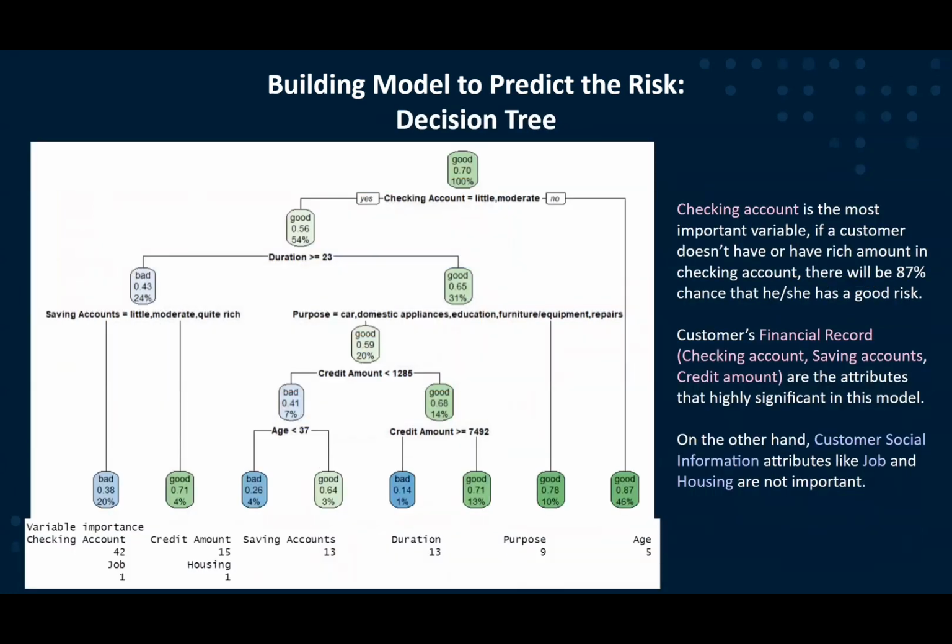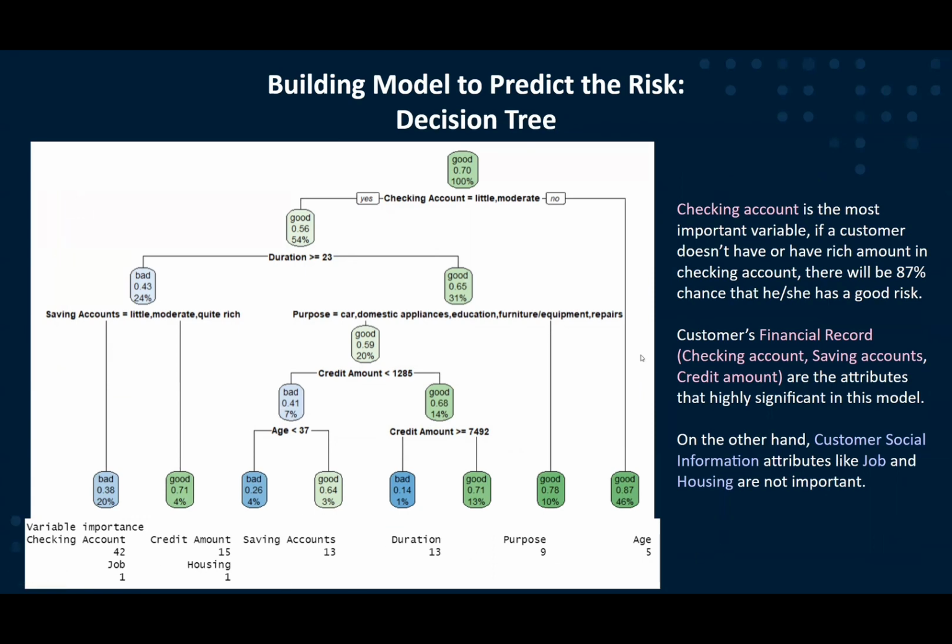As we can see in this tree, the checking accounts is the most important variable. And if a customer doesn't have or has a rich amount in checking accounts, there will be a very high chance, which is 87%, that he or she has a good risk rating. We can also observe this point from this variable importance table.